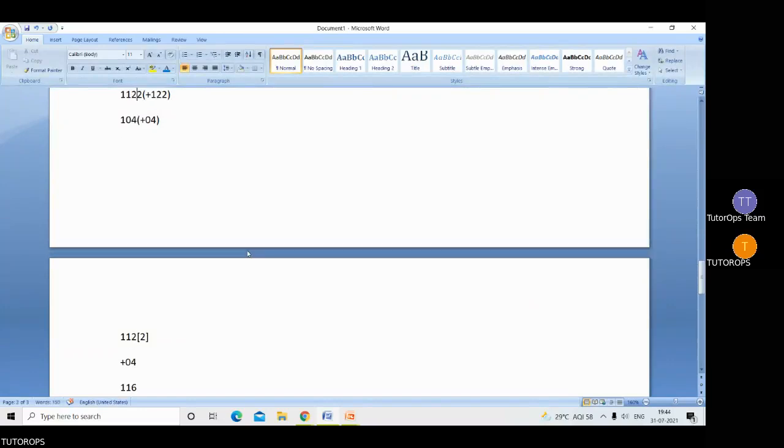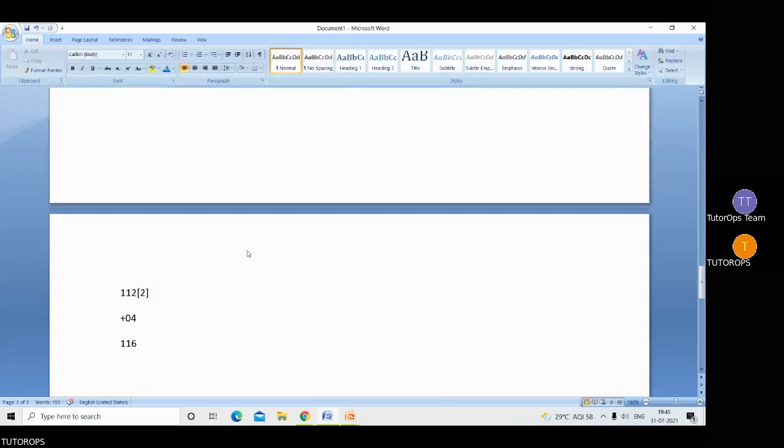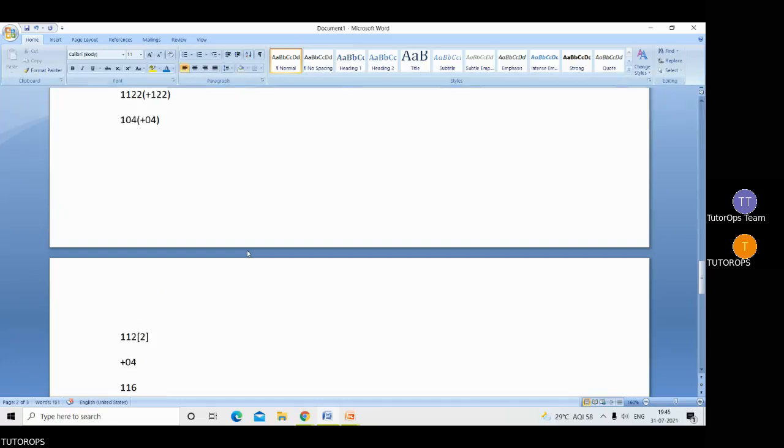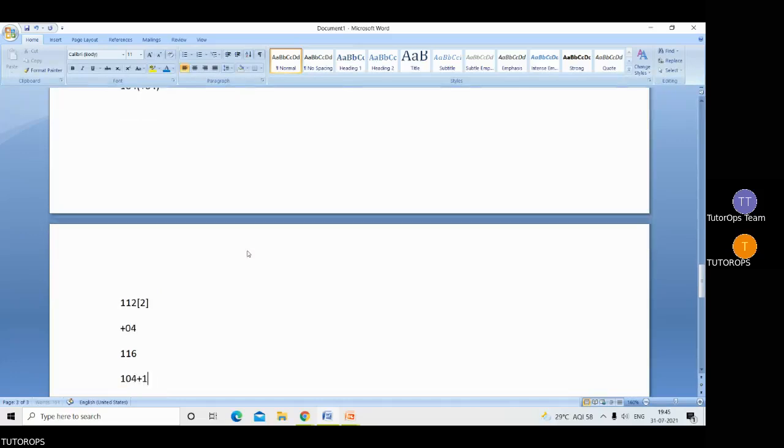In this case, the latter part, that is the cross check part, the 104 plus 112 is the usual method, but sorry, here the surplus is 122, so 104 plus 122 must be added, but here also we will take the last digit of the surplus off. So what will be the actual result? So here the actual result will be 104 plus 12, so 116.